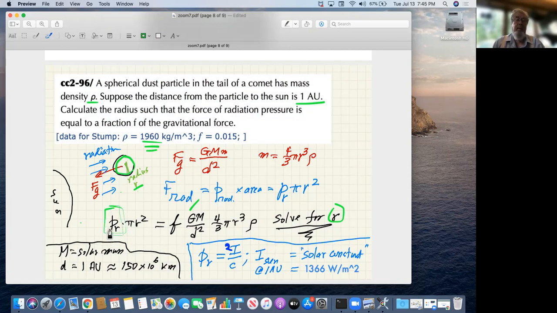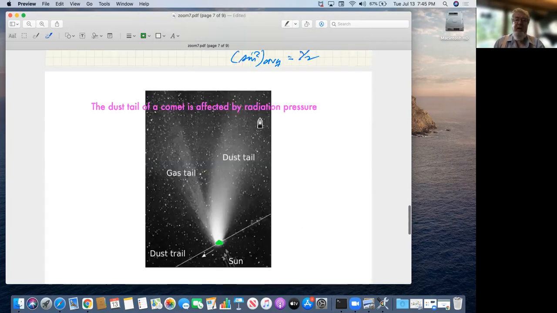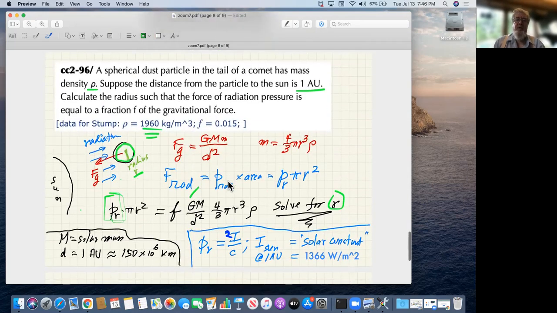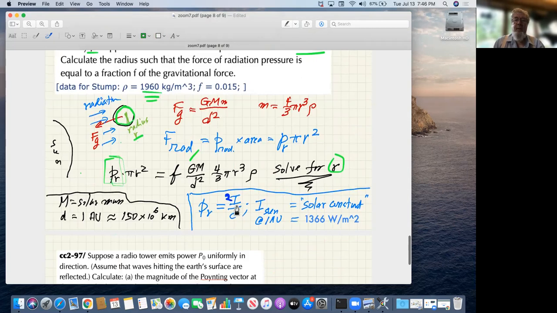Remember, one of the boxes in the equation sheet was radiation pressure. It's intensity divided by the speed of light. Or since the dust grain is reflective, I mean, after all, we can see the dust tail, so it reflects the light. So the radiation pressure should be 2 times the intensity divided by the speed of light. Now you need to know the intensity of light from the sun.